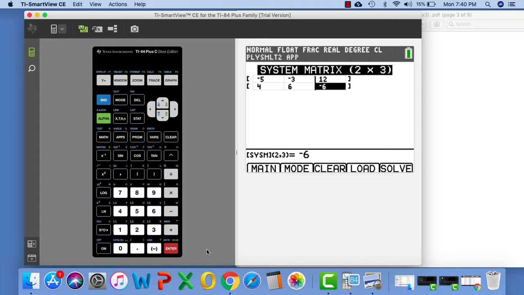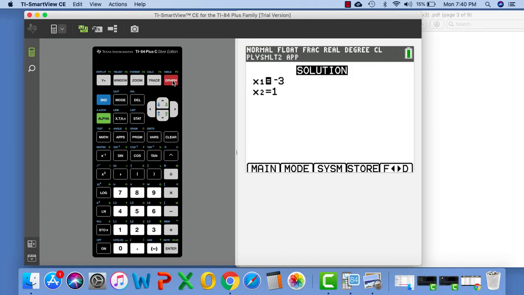Okay, so now once I have my coefficients in there, the button where it says solve, that would be my graph button. I'm going to hit graph, and it tells me what my answer is. This is my x. They're using x2, but we know that that's our y. So x is -3 and y is 1. And that certainly matches what we got when we did it by hand earlier.